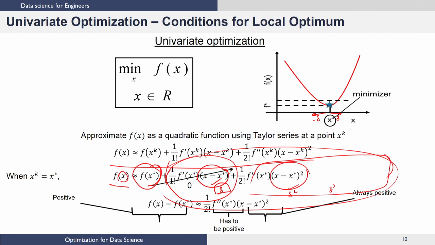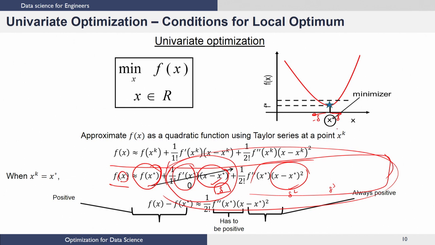If this sign is positive for positive delta, then unfortunately when I go in the negative direction, it will become negative, because this is again a fixed number. If this is positive for delta, for minus delta this will become negative. That basically means that x star cannot be a minimizer, because I can further reduce this function by going to the left.